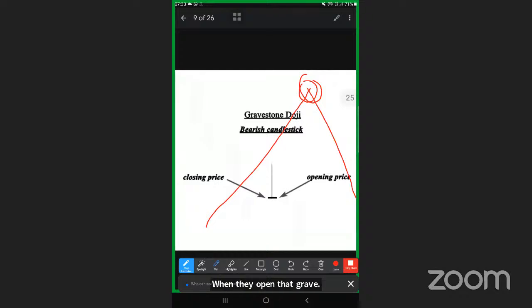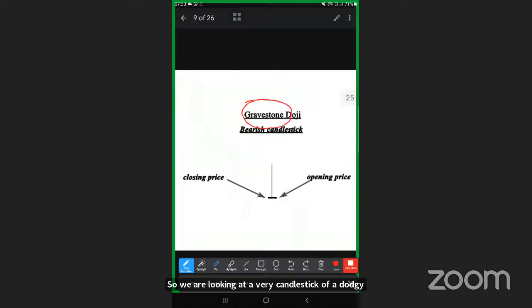So we are looking at a bearish candlestick of a doji called a Gravestone Doji. When it comes, you will see emojis in the WhatsApp groups. I don't want to talk about big fans, the acro fans. They are here.